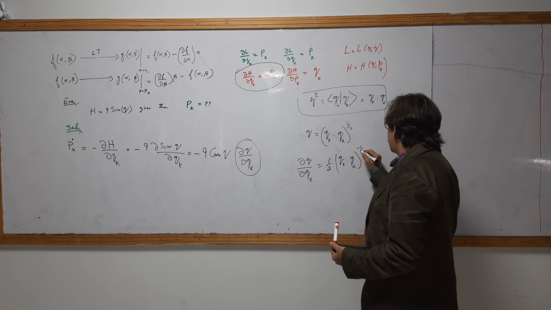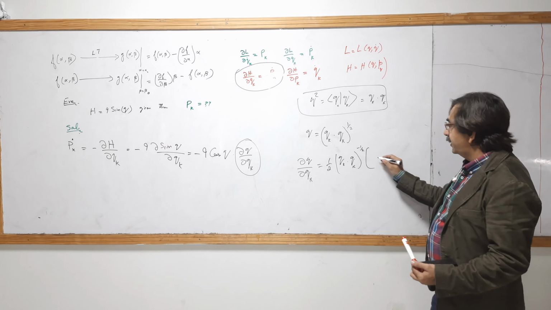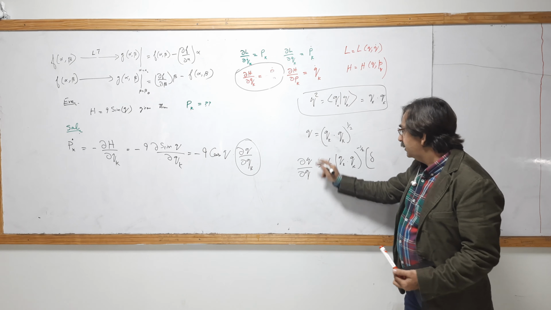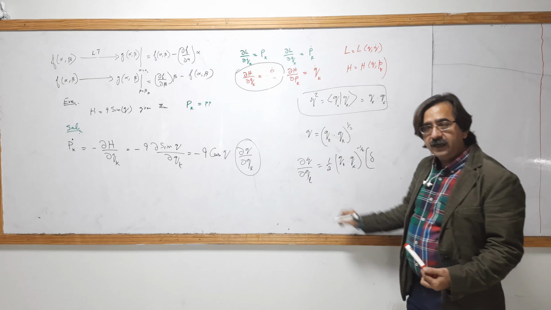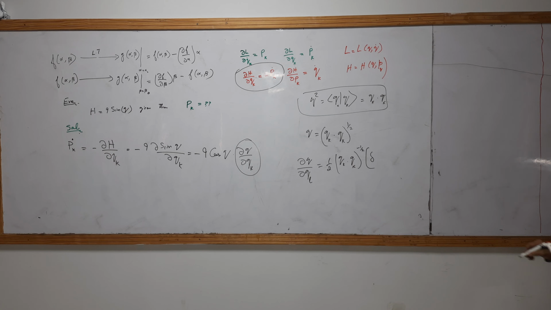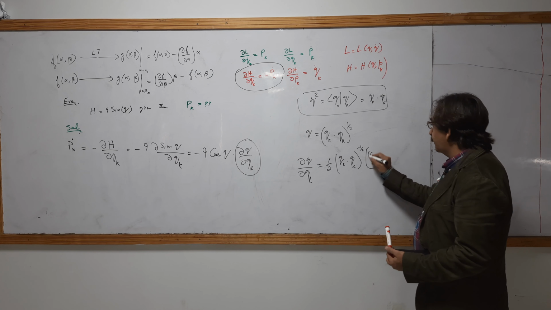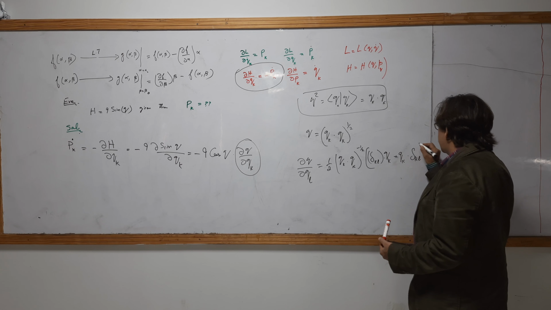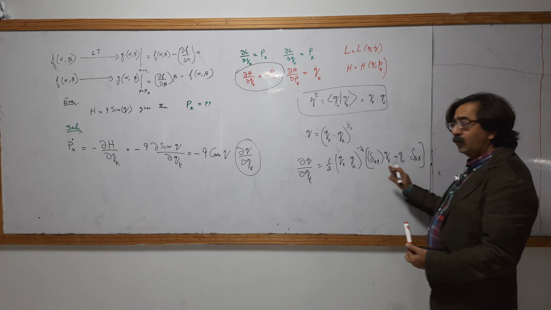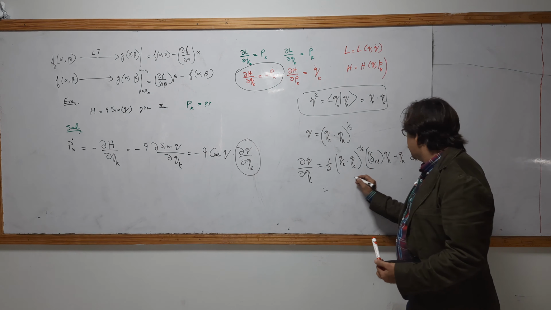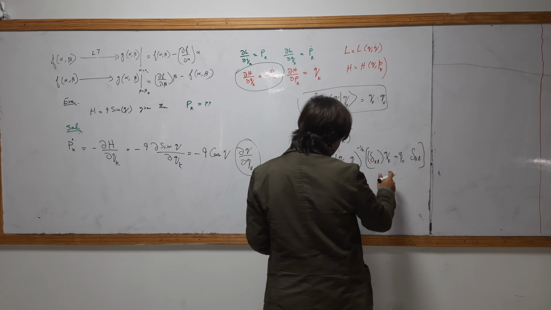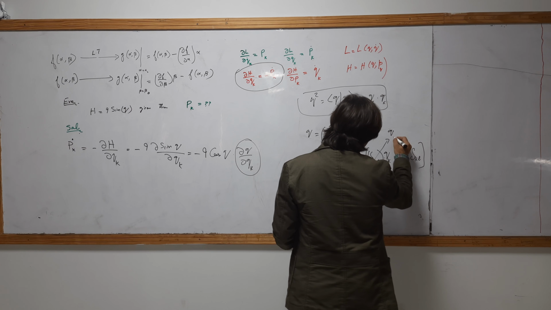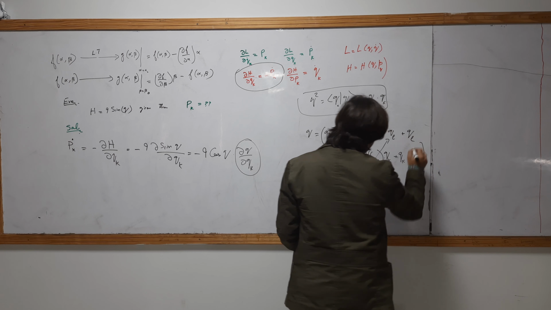Taking the derivative, if K is involved, I should write another index L, a different index, so that will be delta KL dot QK plus QK dot delta KL. This becomes a 2, and the 1/2 will be cancelled. So this term becomes QL plus QS.